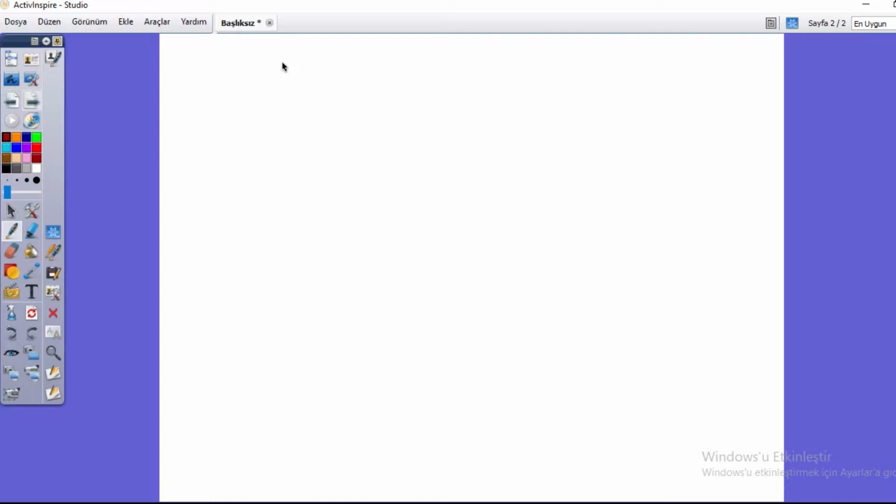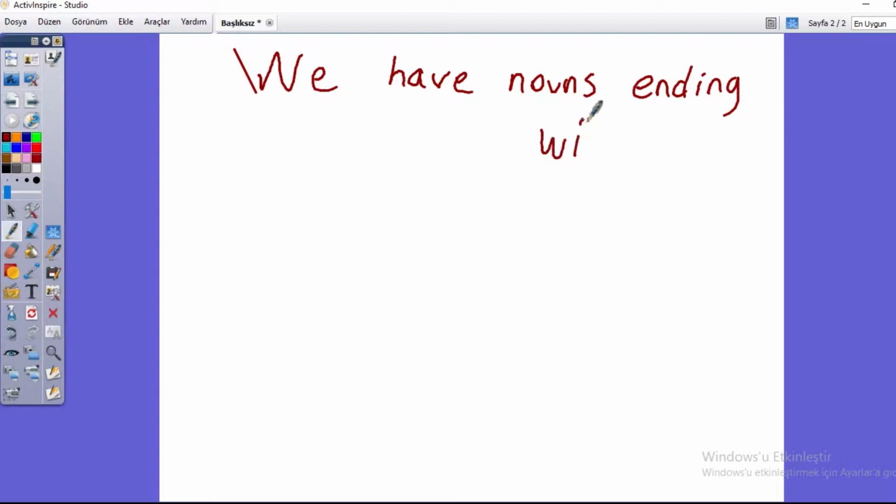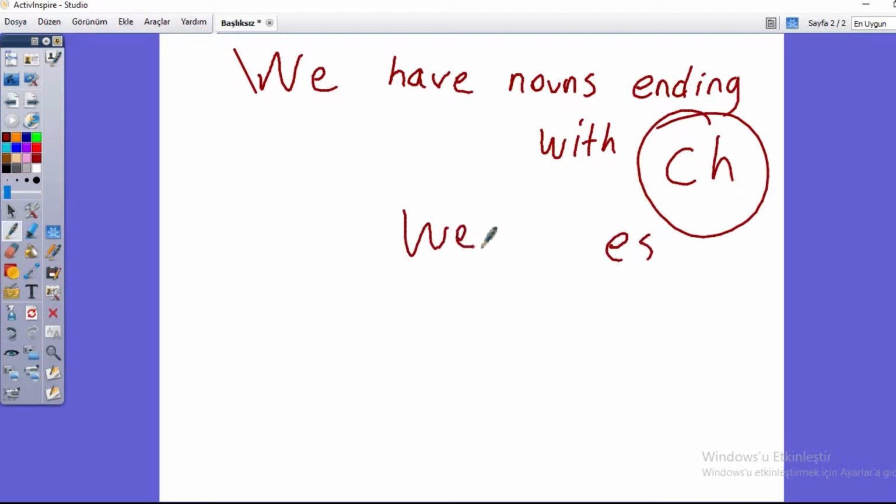We have nouns also ending with ch. So we add es to make plural forms.